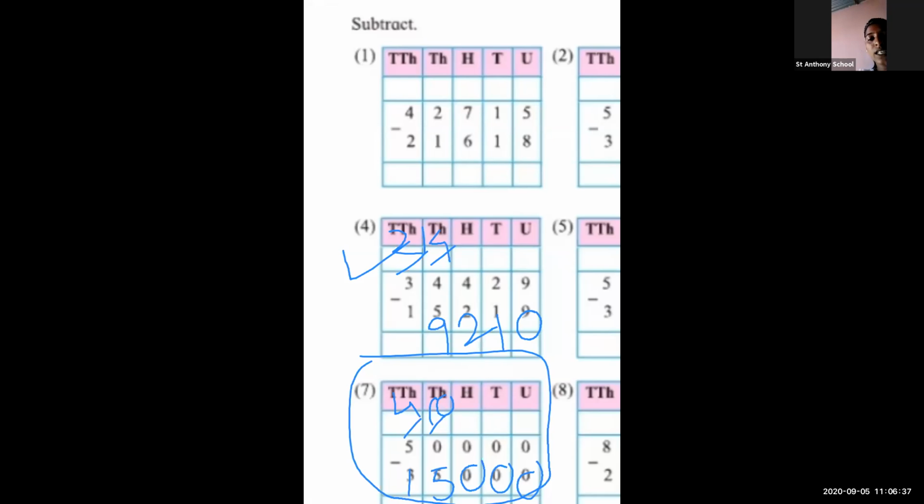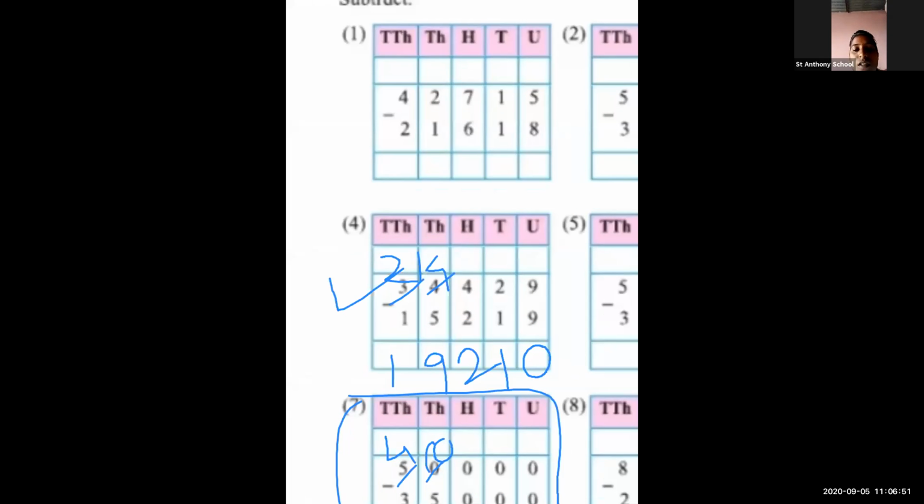And 2 minus 1, it's 1. So what is the answer? 19,201.